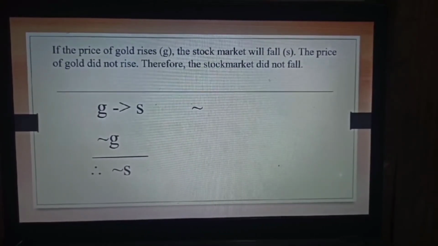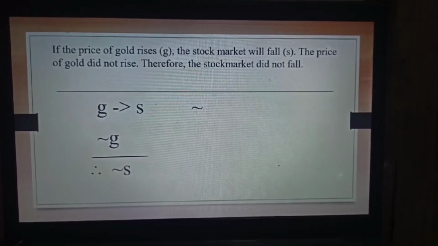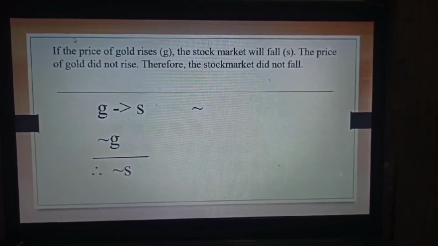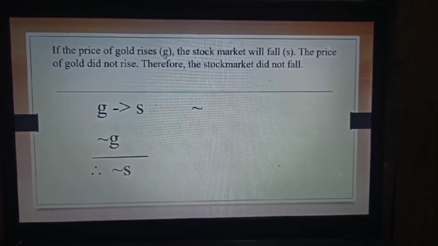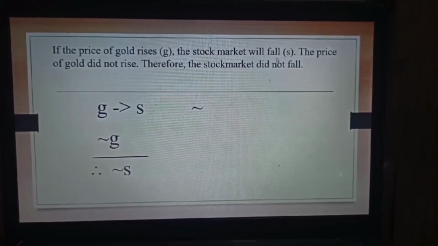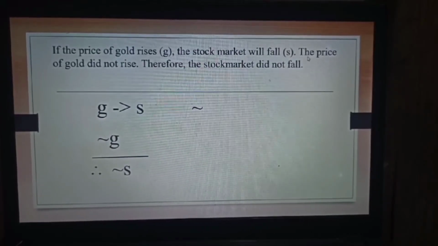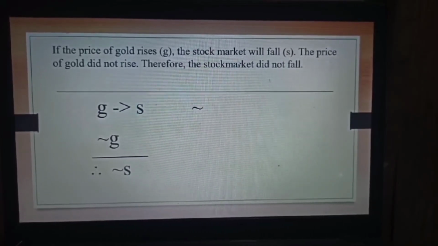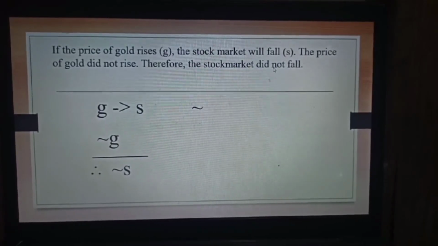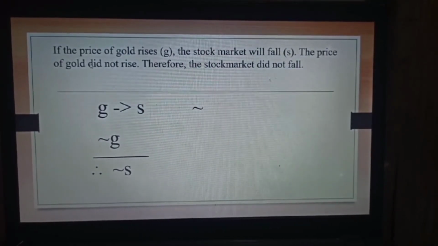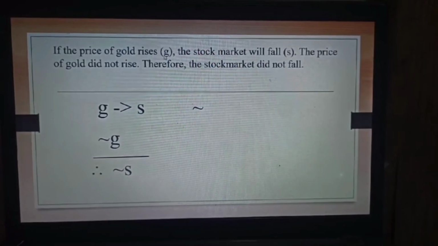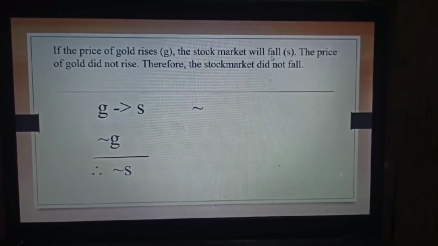So next example, if the price of gold rises (G), the stock market will fall (S). The price of gold did not rise, therefore the stock market did not fall. So yung first sentence, if the price of gold rises, the stock market will fall.